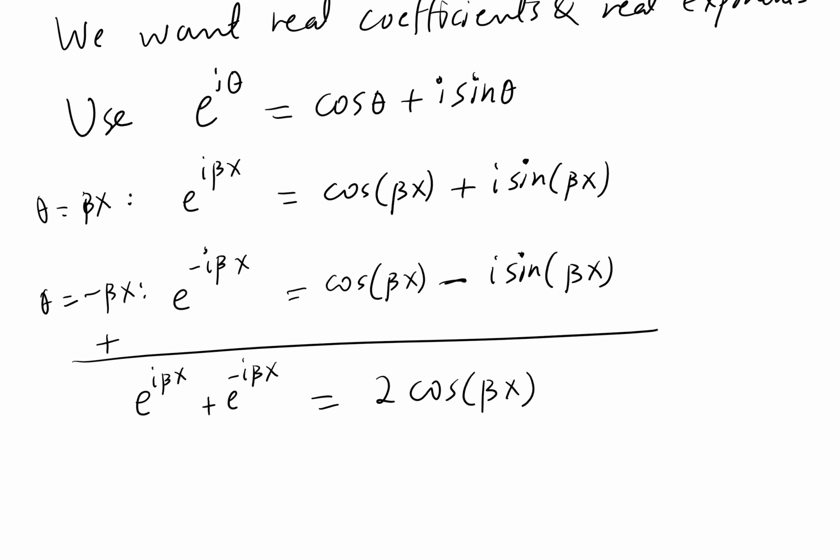Then you can subtract them. That will give us e to the i beta x minus e to the negative i beta x, which gives 2i sine beta x.